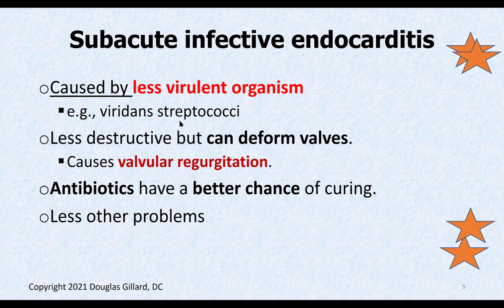Viridans streptococci is a common example of a medium virulent type organism. So it's still trouble. It could still damage the heart, but it's less destructive. It can still deform the valves of the heart. Probably not going to die from this one. Antibiotics have a better chance of helping this condition, and there's less sequelae from this as compared to the acute version as well.